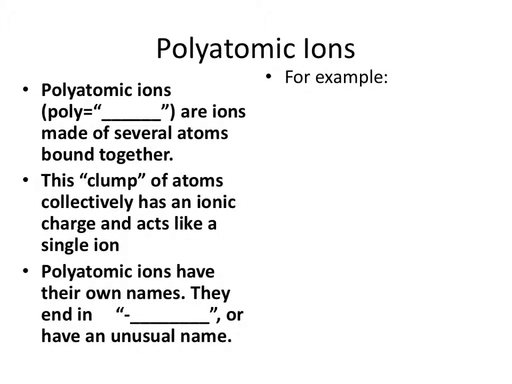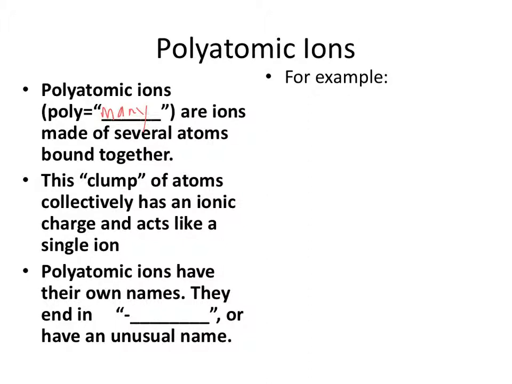All right. So now we know how the ions form, how to name them, what their formula units are. Now we want to look at a special type of ion. We're going to talk about polyatomic ions. Poly means many. So right when people talk about sister wives and how they're polyamorous, right? That means they have multiple lovers, essentially.